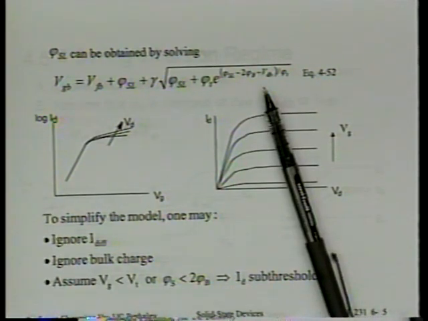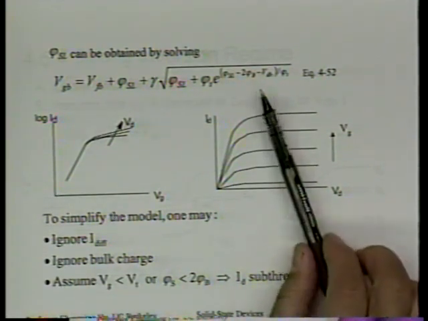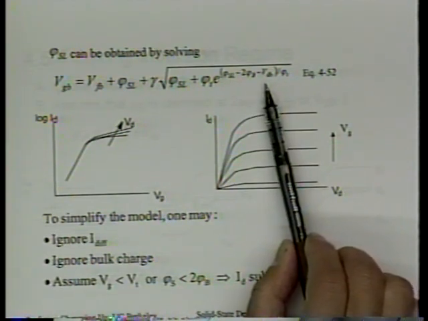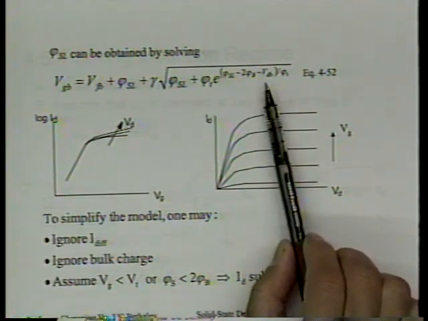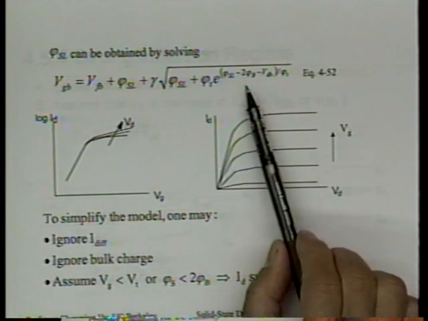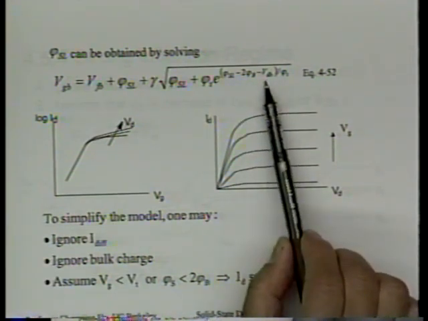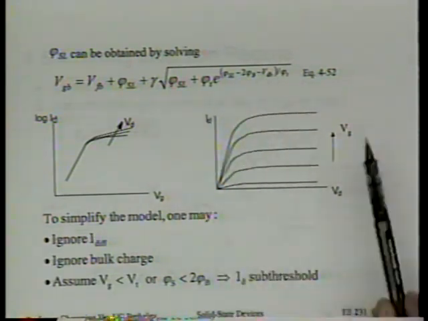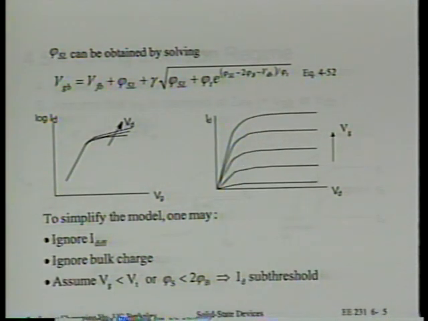And when they are at equilibrium, they share the same Fermi level. And that's why it's the Fermi level of the drain that determines the electron concentration in the channel near the drain. That's why this term has this additional VDB, because this term came from the electron concentration near the drain.